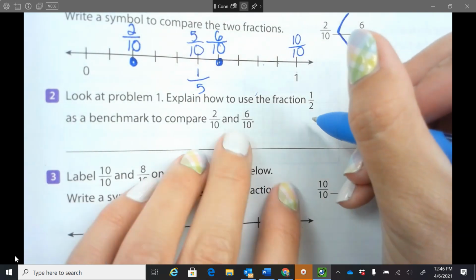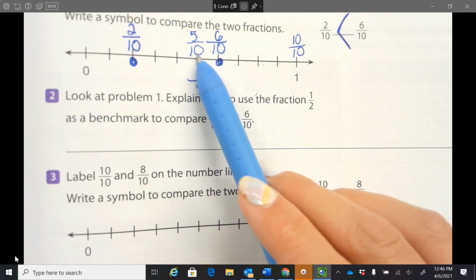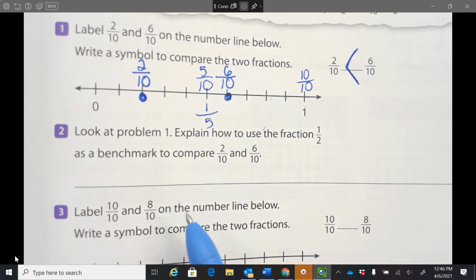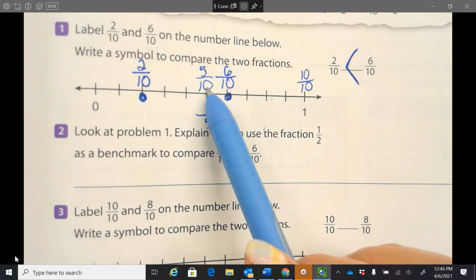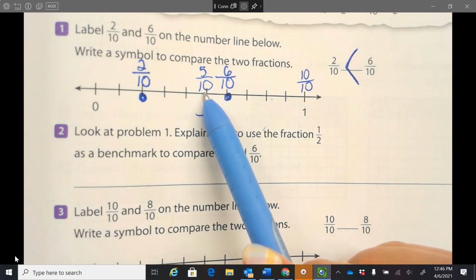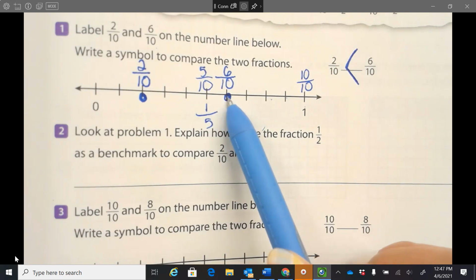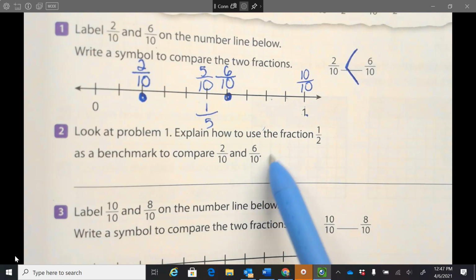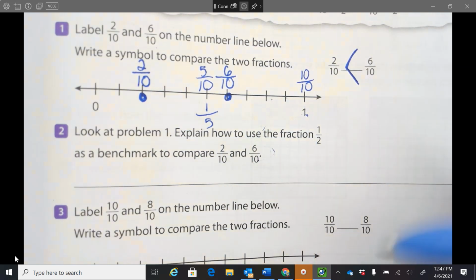So then we could say, which fraction is greater than 5/10? Which fraction on our number line is greater than 5/10? Ooh, okay, you're correct. But what fraction is it specifically asking us to look at? 6/10. Yeah.